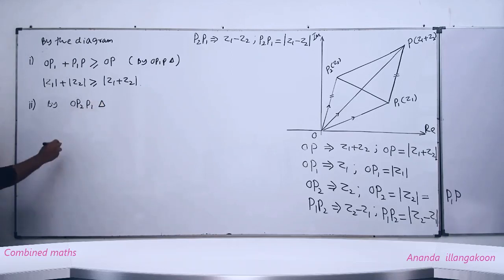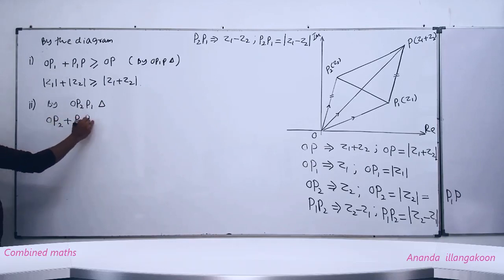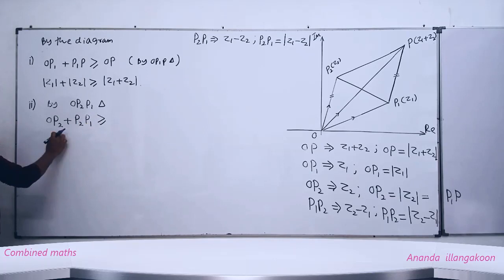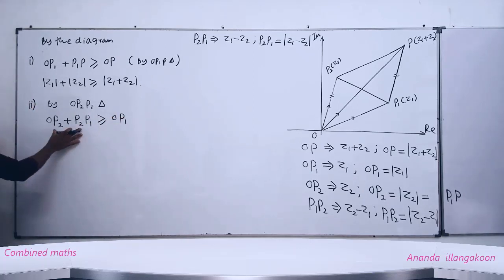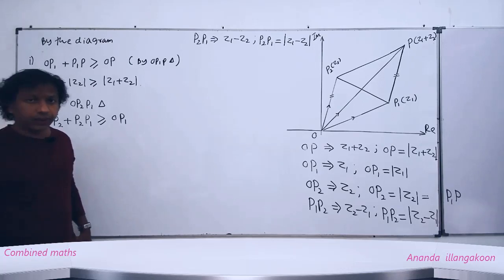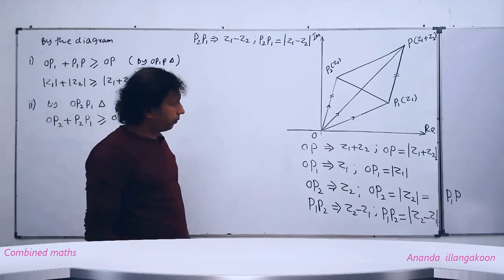You can again write, people, OP2 plus P2P1, the sum of two sides of the triangle, greater than or equal to, people, what? OP1. Correct, no? The sum of any two sides of a triangle is greater than or equal to its third side.